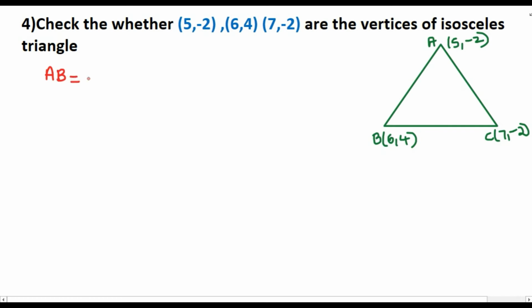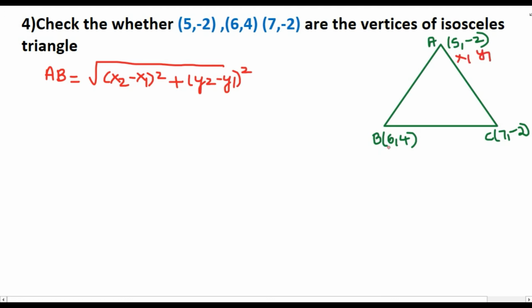So first AB, we'll write the distance formula, square root of x2 minus x1 the whole square plus y2 minus y1 the whole square. If I take AB, this will be x1, y1, and this I am going to take as x2, y2.